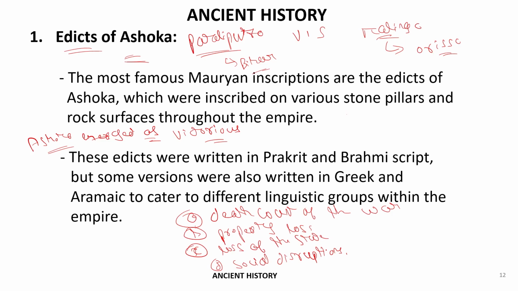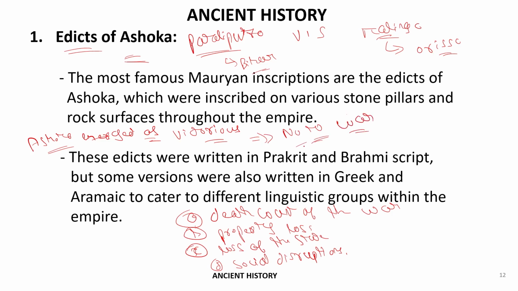So there was a huge loss of the state. And the fourth and primary one was the social disruptions. When he saw many people died, many people had to migrate, and there was a loss of the state, he found there was a social depression, and at that time he decided: no to war.